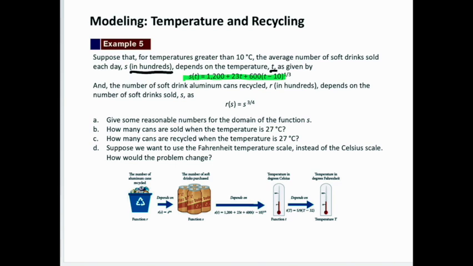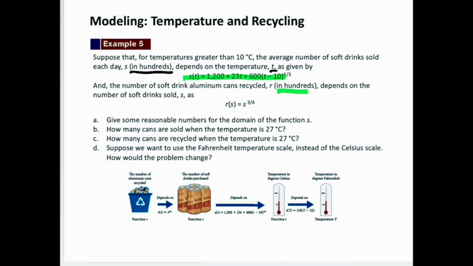And then we're given the number of soft drink aluminum cans that are recycled. We're going to call that R in hundreds. And that depends on the number of soft drinks sold, which is S from the function above. So we're going to work through these questions here.